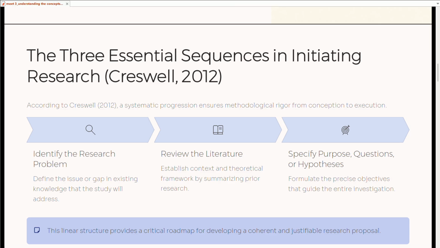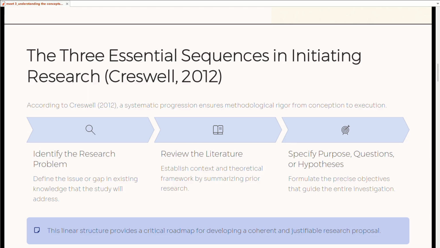And then we review the literature. Reviewing the literature means establishing context and theoretical framework by summarizing prior research. We can find the core theory and also the newest academic papers related to the topic you are choosing.